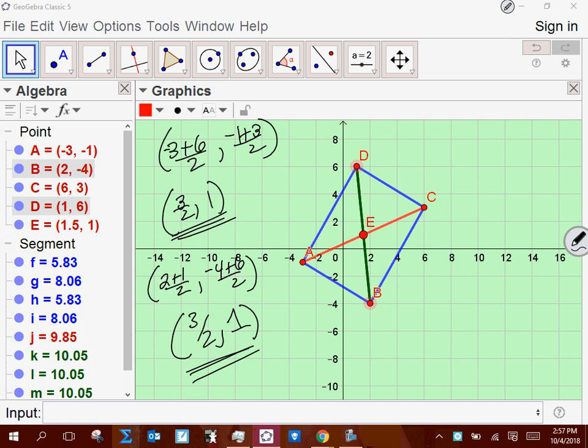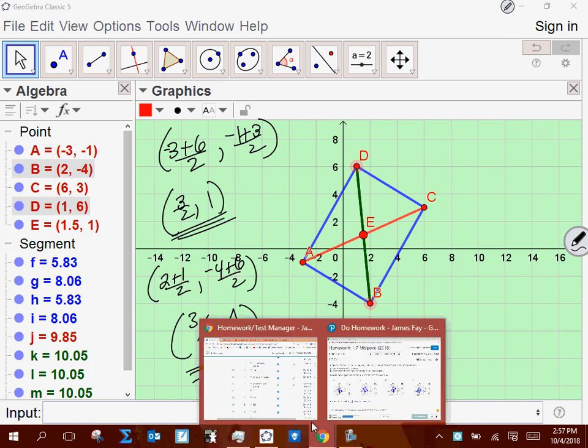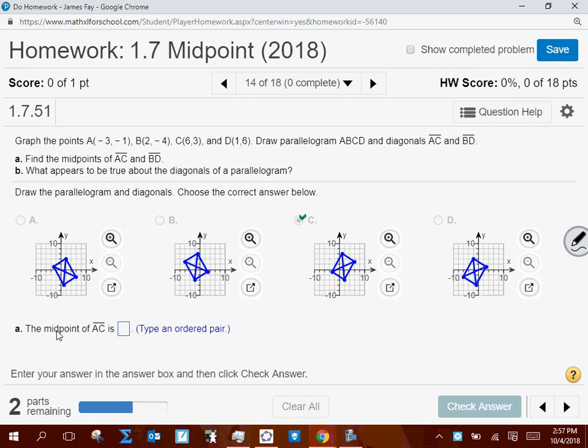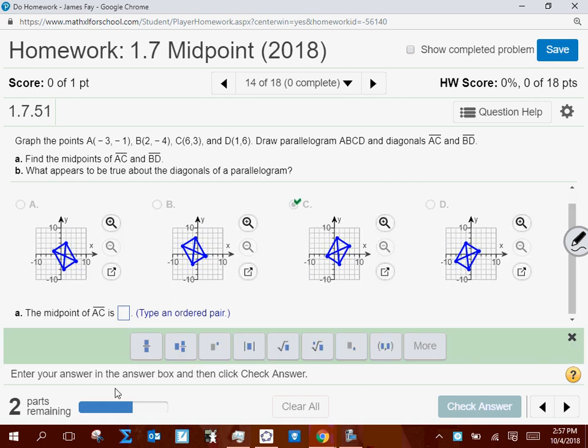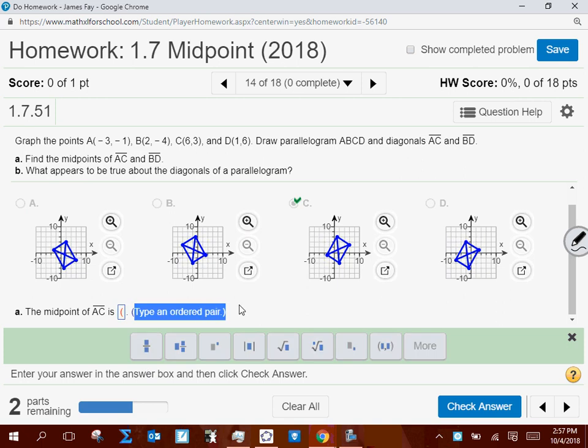But the next question they ask you, I think, is the important math, or the more purposeful math. Because now they ask you, and I'll type this stuff in, something to pay attention to as we're doing this. Guys, it says type in order pair. Does it tell me how to type my numbers? No. Sometimes it'll tell me use integers. Sometimes it'll tell me use decimals. Sometimes it'll tell me use fractions.